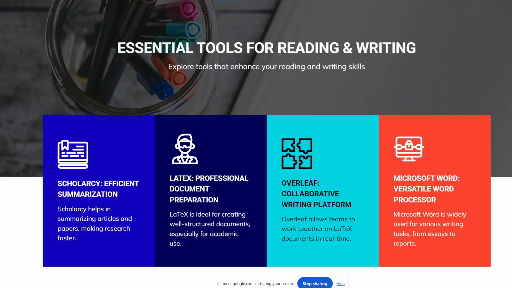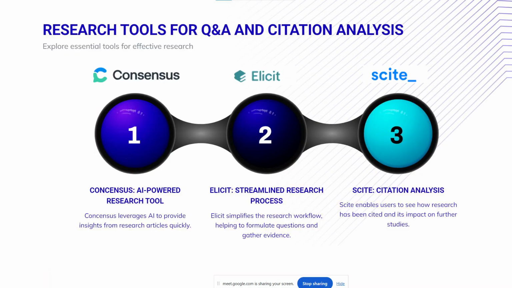Now you have to write your content. For writing we have these three tools: LaTeX, Overleaf and Microsoft Word. And for Q&A we are going to use Consensus, Elicit and Perplexity AI for more clarifications.